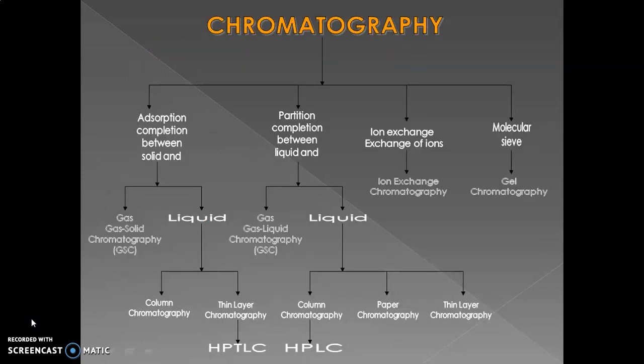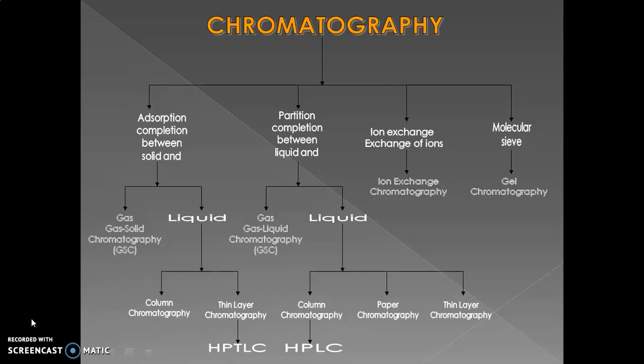Now chromatography is classified majorly into four types. First is adsorption chromatography, second is partition chromatography, third is ion exchange chromatography, and last is molecular sieve chromatography.